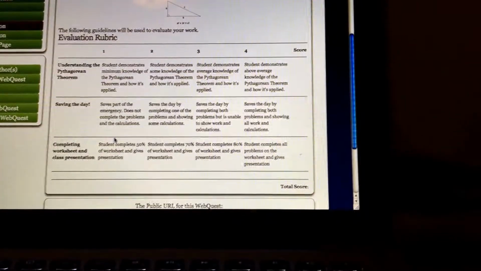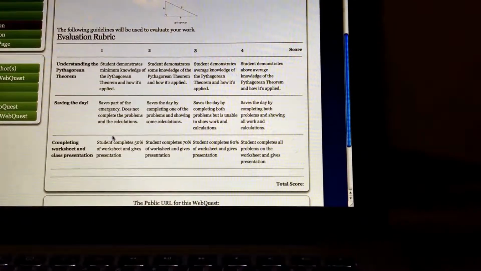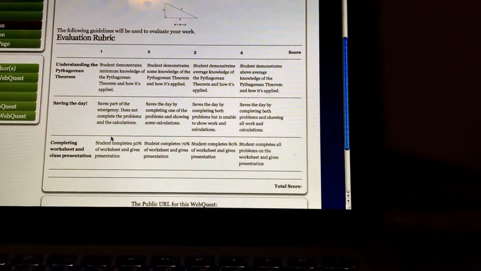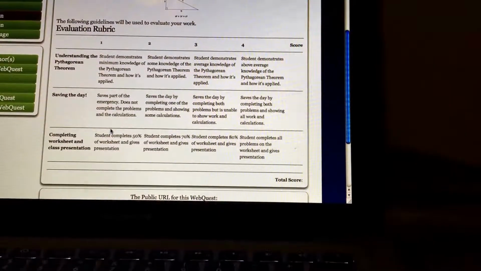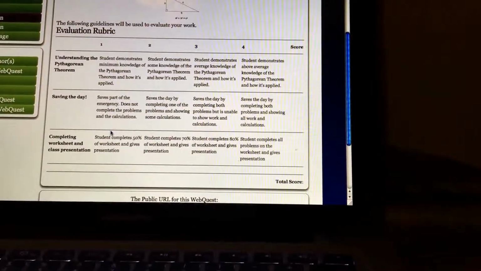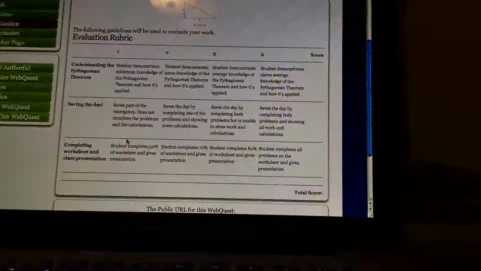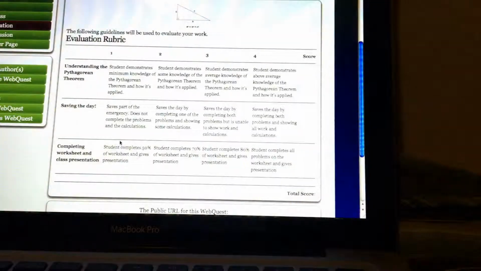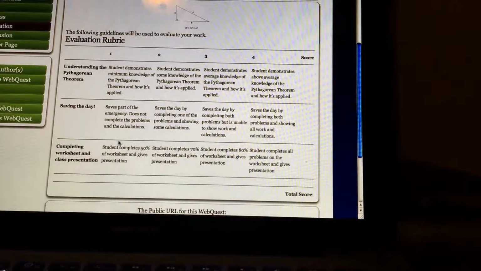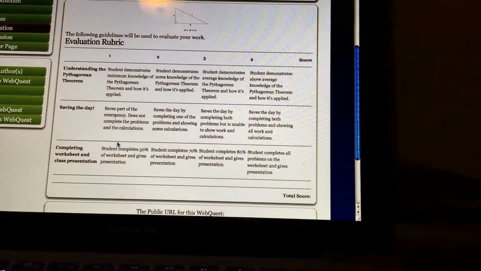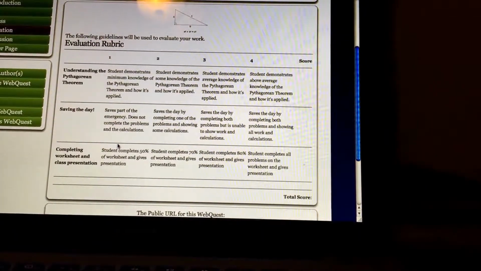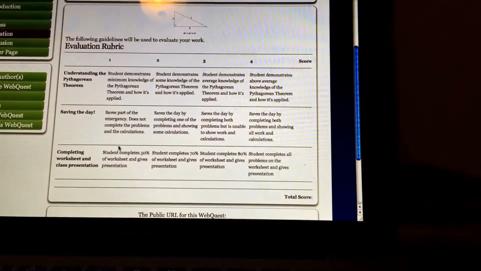Now, in order for you to get a 2, you need to demonstrate some knowledge of the Pythagorean Theorem and how you apply it to the problems. At 3, you demonstrate average knowledge of the Pythagorean Theorem and how it's applied. 4, you demonstrate above average knowledge of the Pythagorean Theorem and how you applied it to your problems.